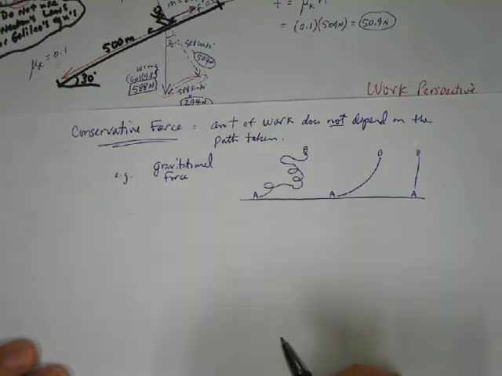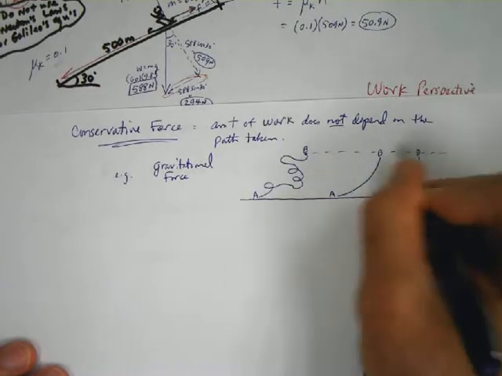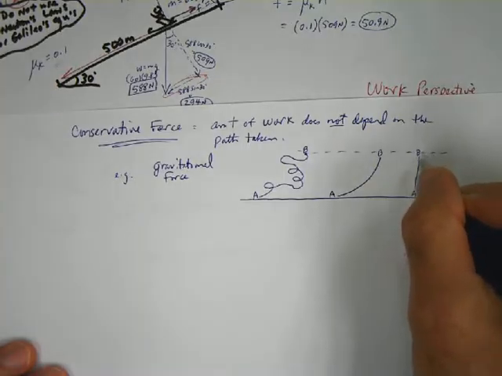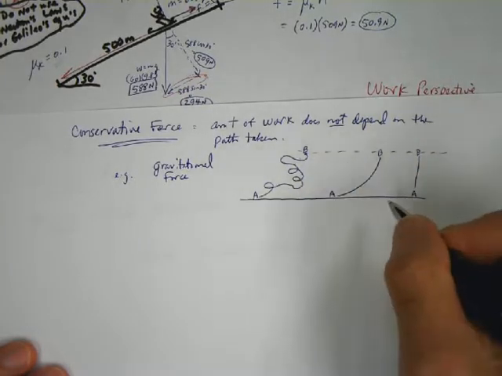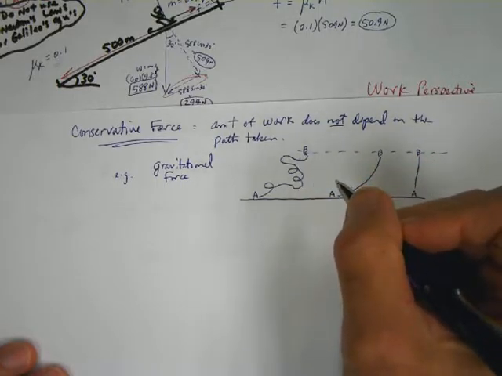When we get that mass to point B, it is going to have the same amount of potential energy in each case. And since we're only considering the gravitational force and not friction, it does not matter what path.